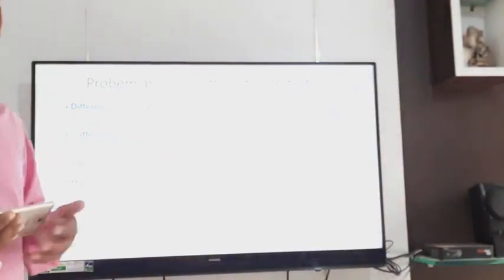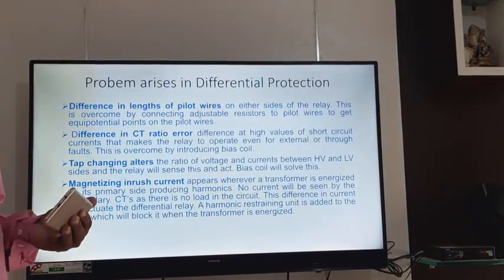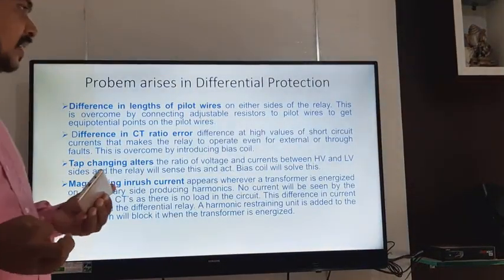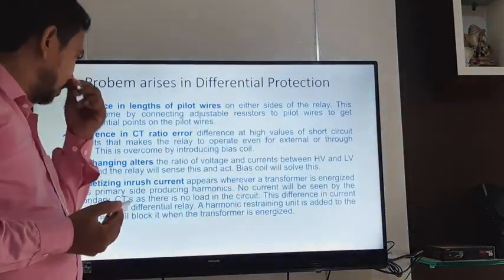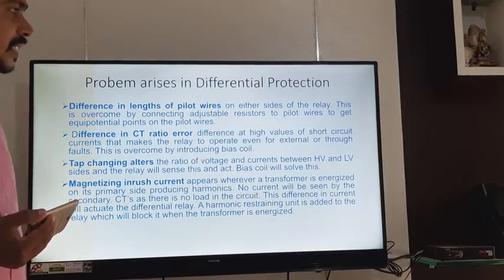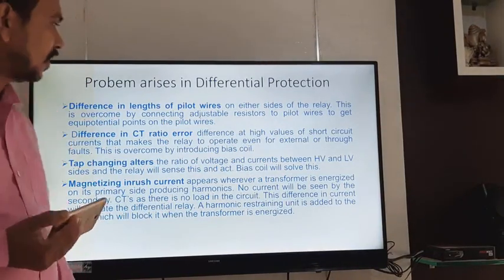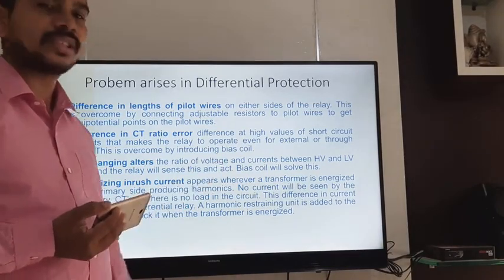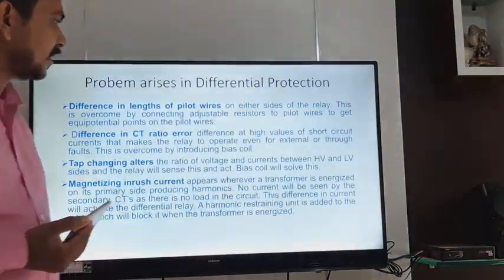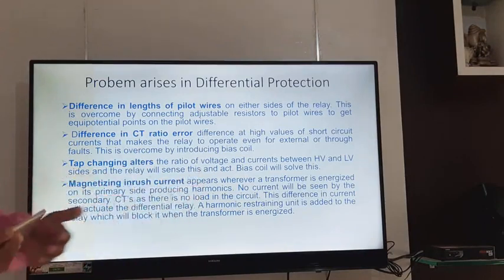When high fault current is flowing, the CT ratio error occurs in this CT, and due to it the relay will operate even for an external fault. So for overcoming this difficulty we have to introduce a bias coil, that is the restraining coil, which will be discussed later.